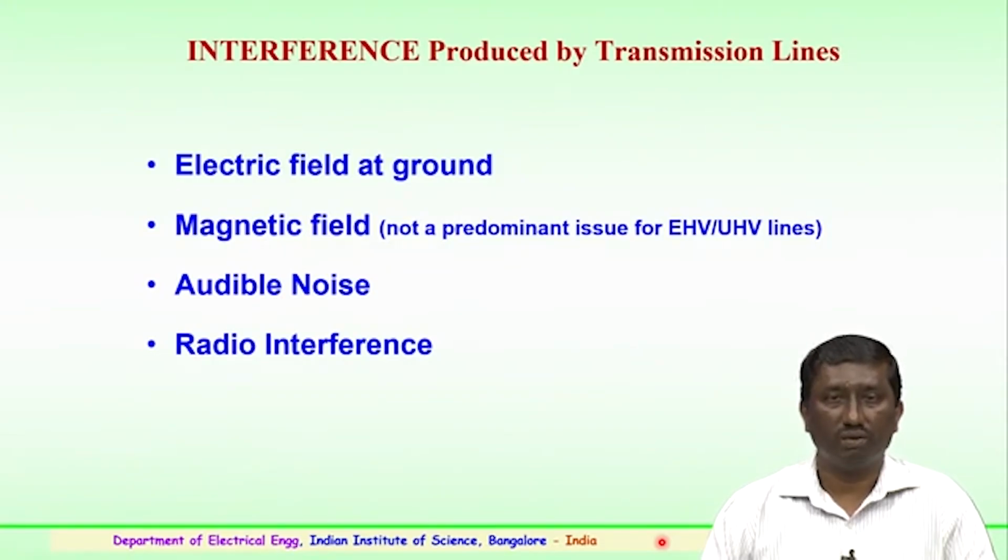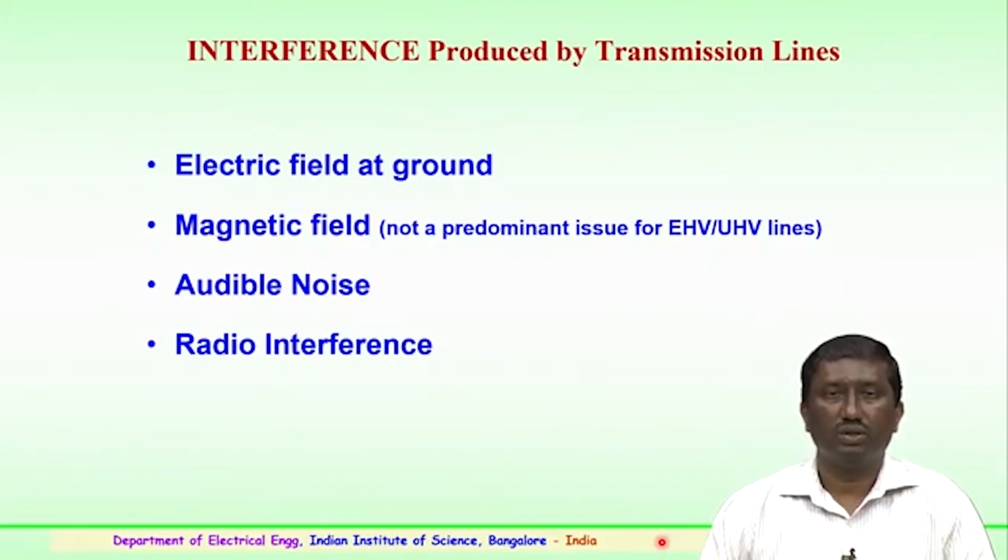Then the radio interference, which again should not cause interference with radio communication or television. These have to be contained, and the conductor used for transmission has to adhere to the required norms, that is internationally specified values, for the noise levels it should not exceed.